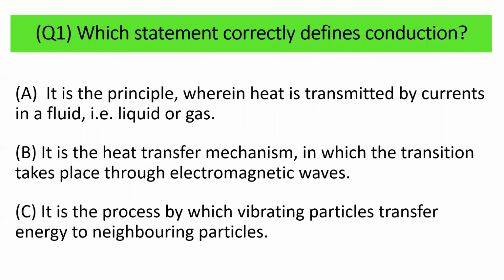B, it is a heat transfer mechanism in which a transition takes place through electromagnetic waves? Or is it C, it is a process by which vibrating particles transfer energy to neighbouring particles? Write down which statement correctly defines conduction. Is it A, B, or C?